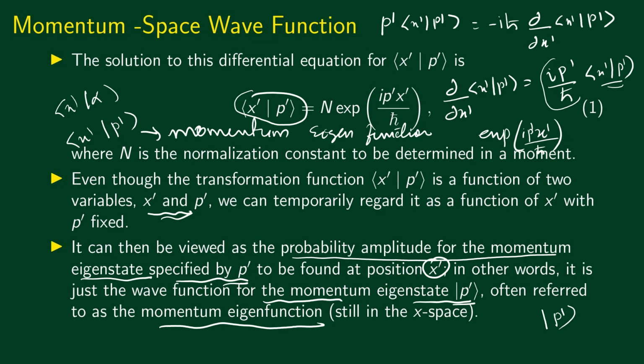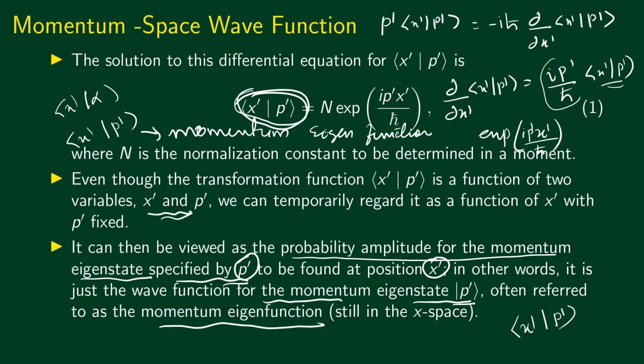We know the rule to find this probability amplitude. You just have to project this ket p prime onto the corresponding eigenket of the position operator. So you can view this as the probability amplitude for the momentum eigenstate specified by the eigenvalue p prime to be found at a position x prime.